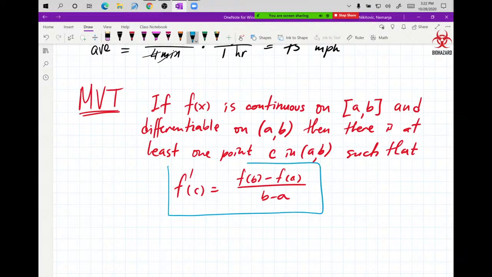This is your formula, and these are your conditions.